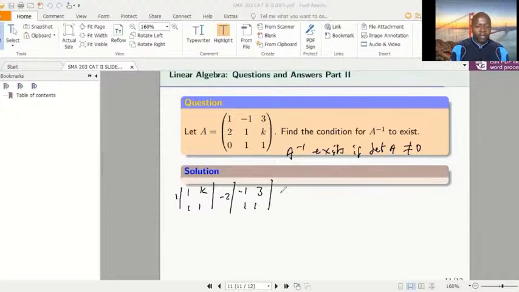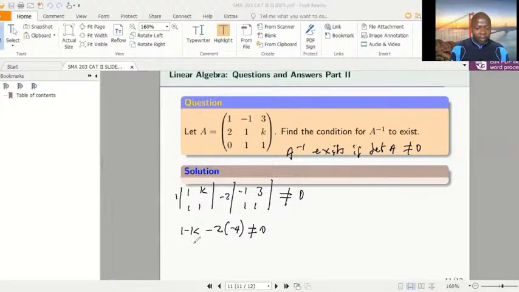And I'm saying that for the inverse to exist, this will not be equal to 0. So let's find what this is. 1 minus 3. And this other one is -2 times -1, -3, which is -4. Not equal to 0.